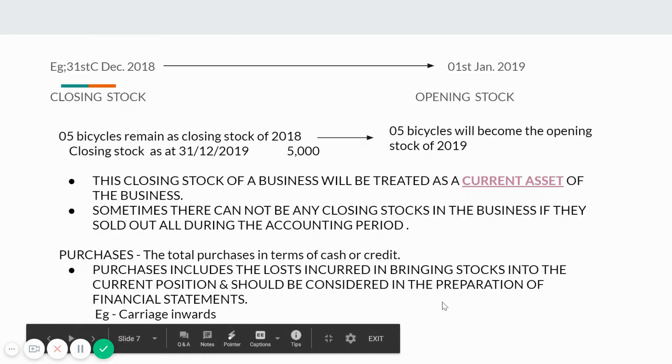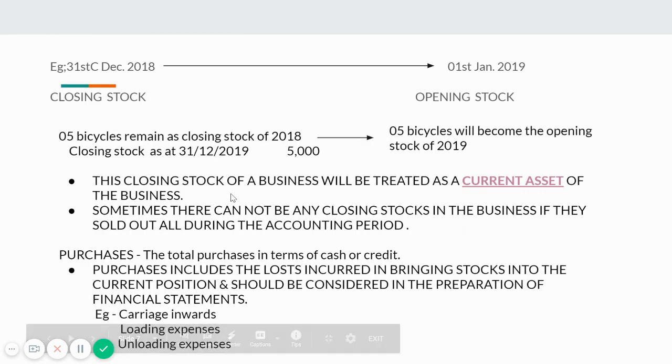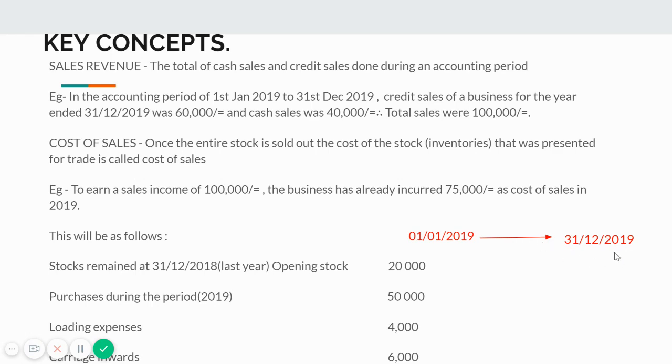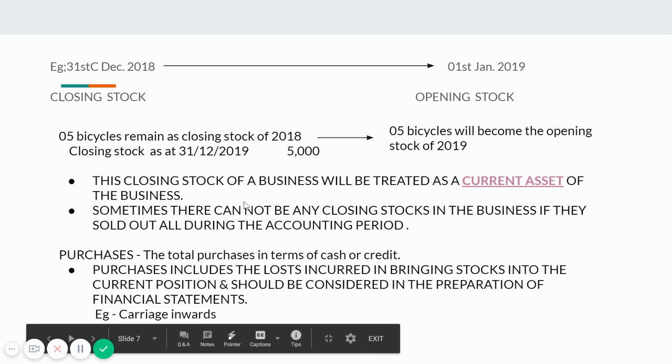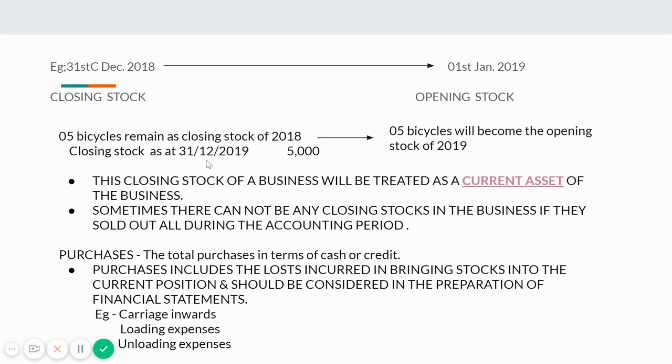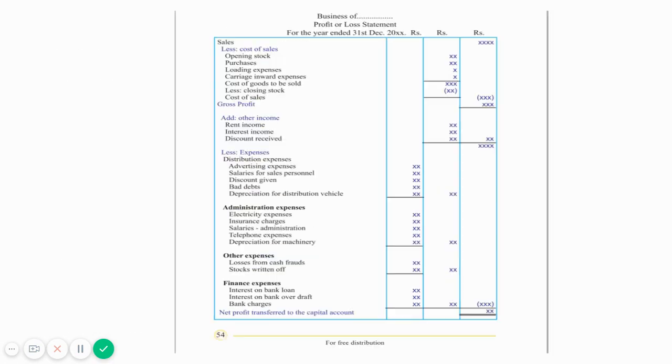But here, I am drawing your attention to the closing stock, the stock which is going to remain in the business on 31st December 2019. And that will be 5,000 according to this example. If we are not deducting this from the cost of goods to be sold, it gives a wrong impression about the business to the stakeholders or interested parties.